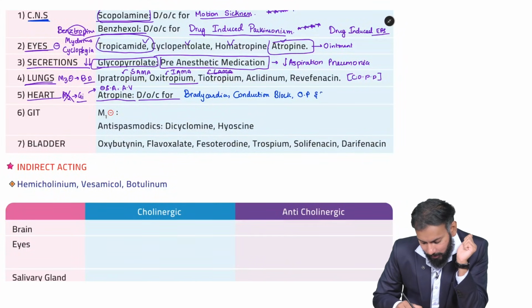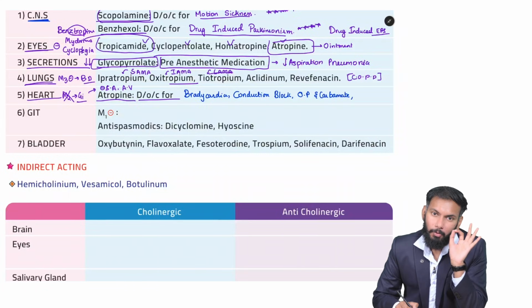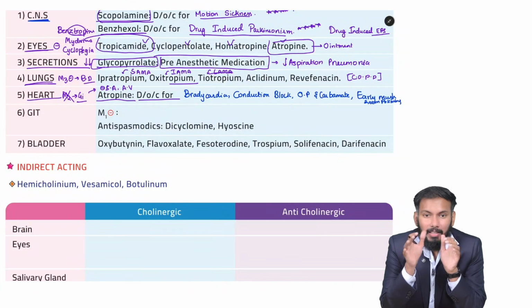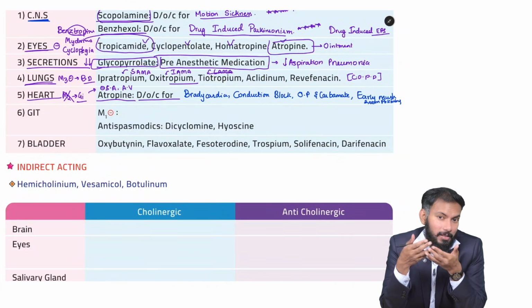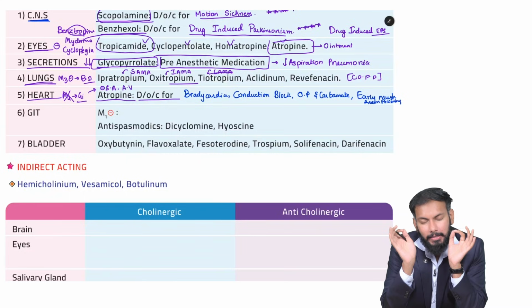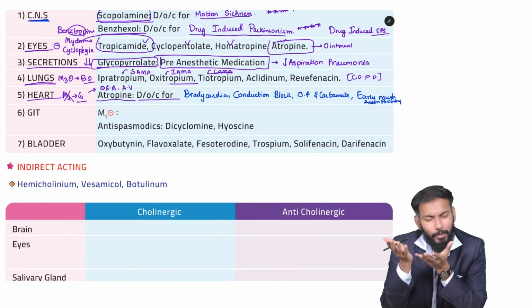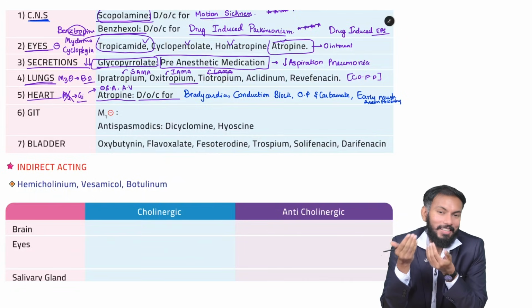And I've already told you two things before. It is also the drug of choice in OP poisoning, carbamate poisoning, and one important question from forensic, it is also useful in early mushroom poisoning. In fact, this is the drug of choice there. Why? If they eat these mushrooms, it releases something known as muscarine. Muscarine acts exactly like acetylcholine, and it will have the exact symptoms like organophosphate poisoning. So, what is the drug of choice?